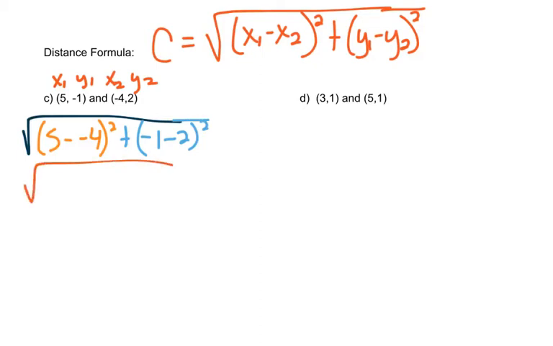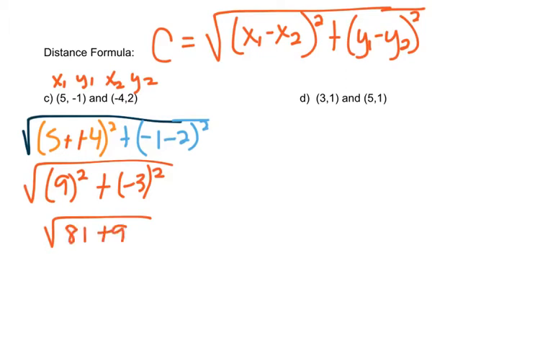So this would be the square root of 9 squared, plus negative 1 minus 2, which is negative 3 squared. So this would be the square root of 81 plus 9, so the square root of 90.